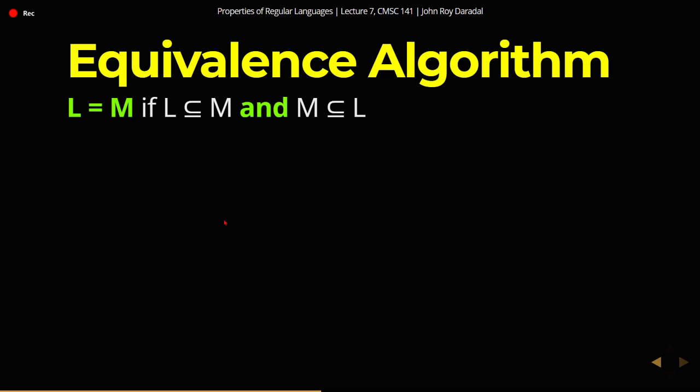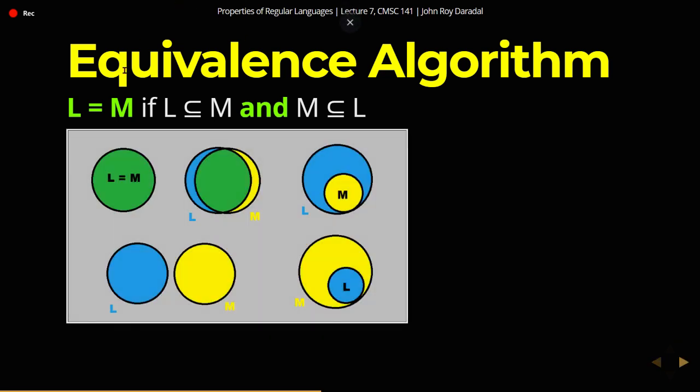That they are equivalent. And for L to be equal to M, we must show that L is a subset of M and M is a subset of L, right? From your early math classes before, so set theory. So L will only be equal to M if they are one and the same set, right? So like total overlap. So there are no items that are extra. So for example, if there are some items in L that are not part of M or some items in M that are not part of L, then they're not equal anymore, right?